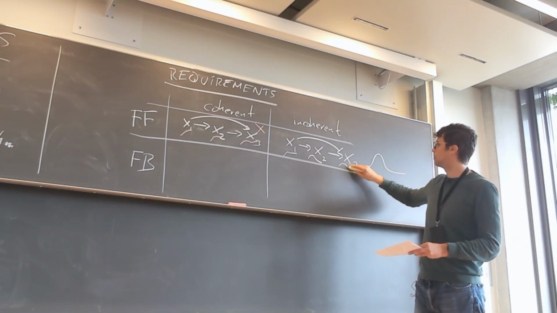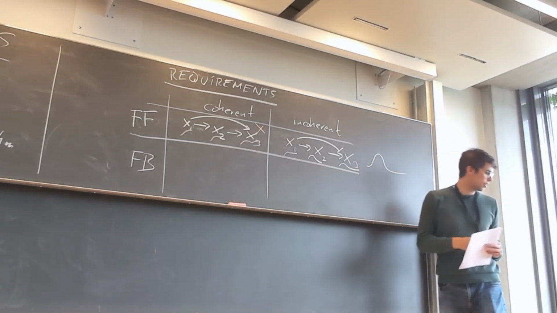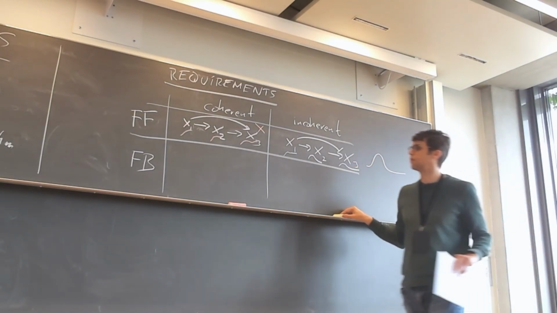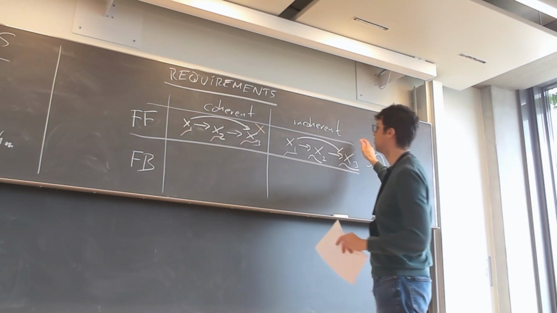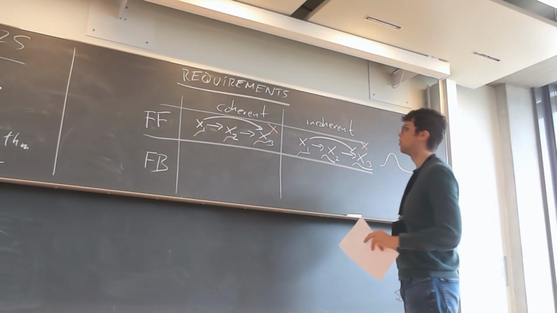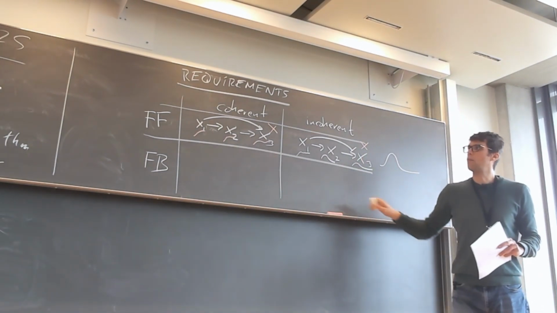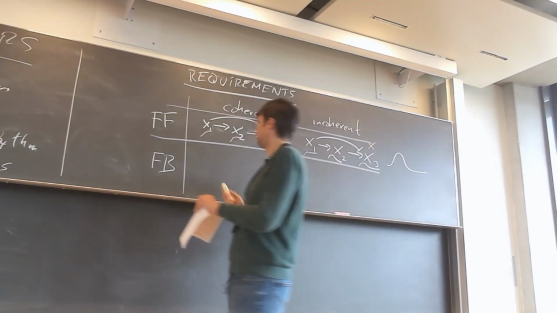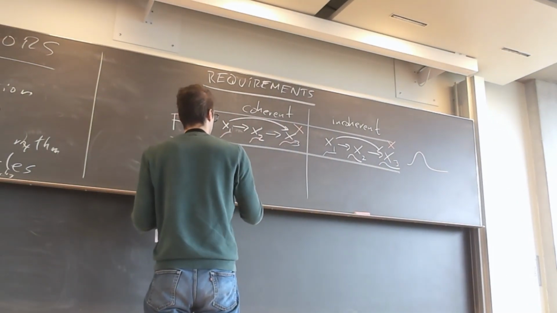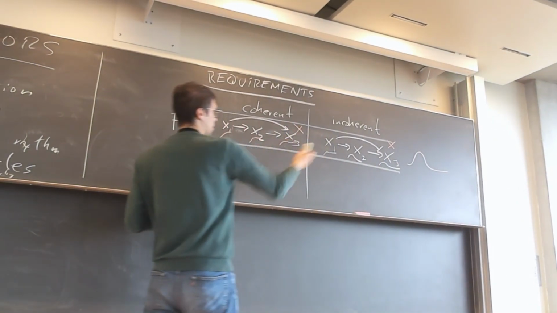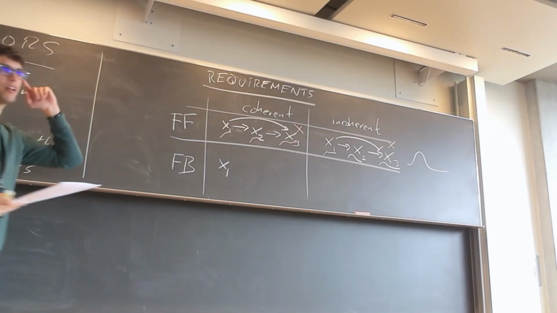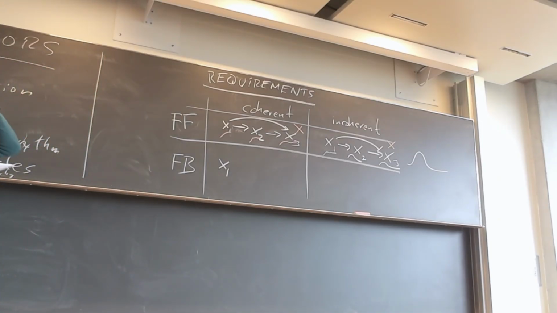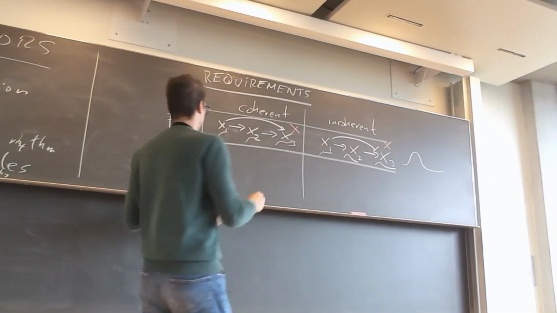So this also will eventually go to some steady state. So maybe one oscillation, one pulse, but no sustained oscillations. Also no here. What about coherent feedback? So both these tell us already feed-forward will not cut it. We will need to feed something back.